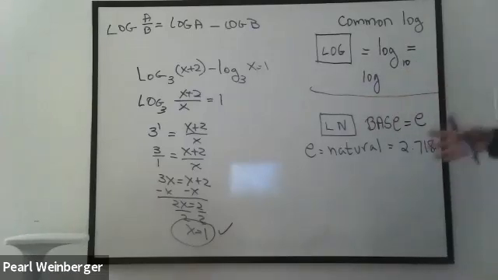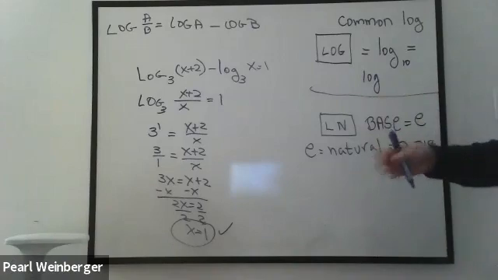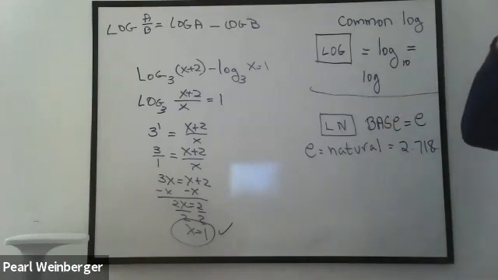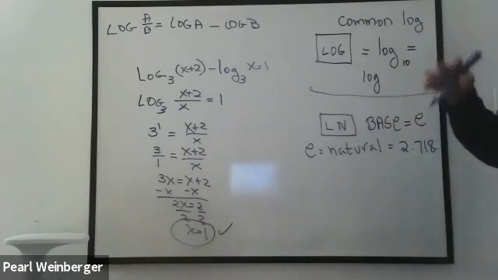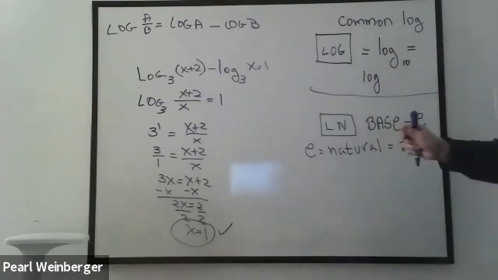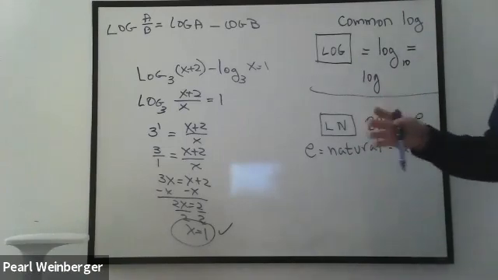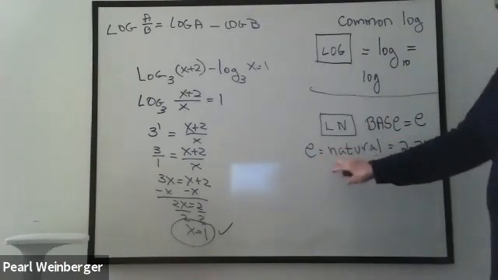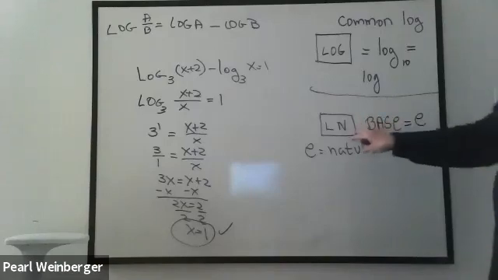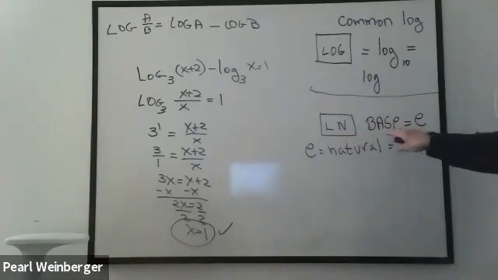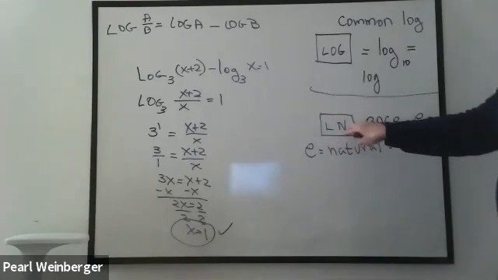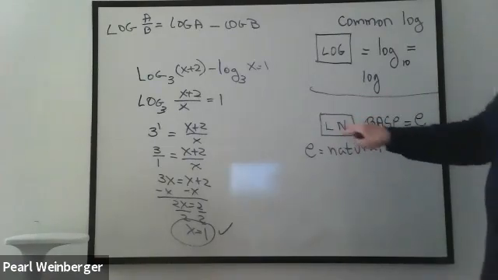2.71828, it keeps going on. I don't even remember what it goes on to. It's built into your calculator. It happens to be a very important number in various calculations. There are what we call exponential growth questions, where they can only be answered using this special number E. If we use E as a base of our logarithm, then we get something called the natural log.